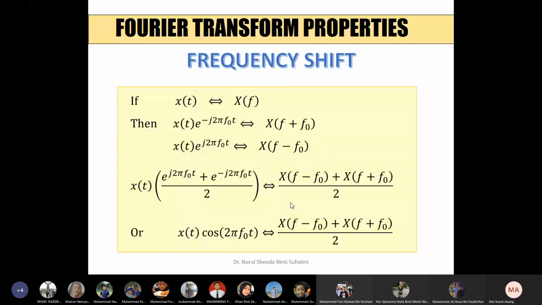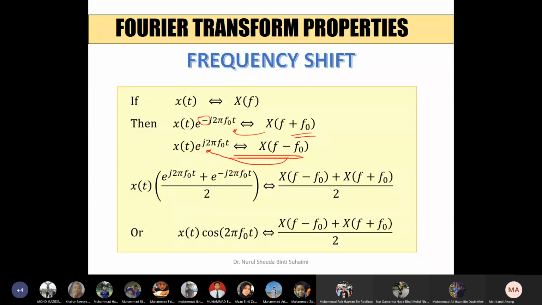This is the frequency shift. If x of t transforms into x of f, then a shift in frequency to the left, you get this, and shift to the right, you get that.